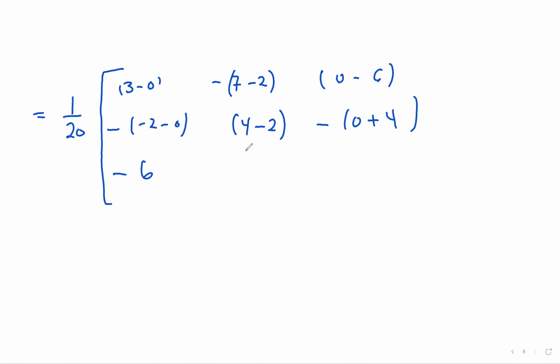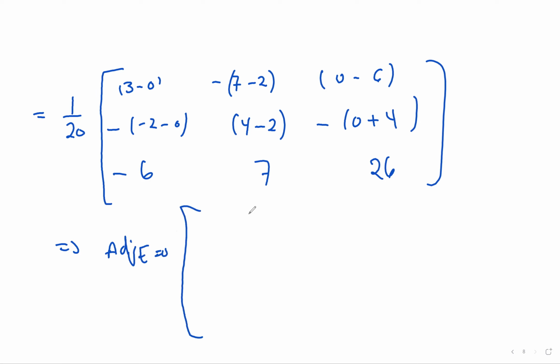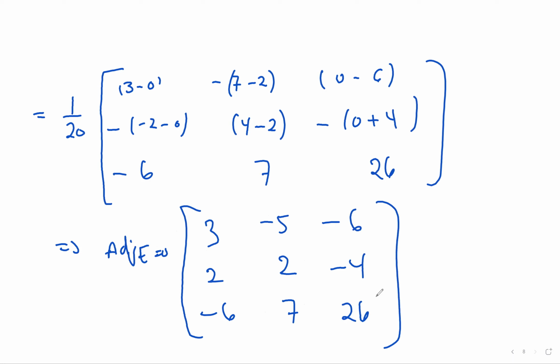It's simple. And then the second one is 7, and then we have 26. So when we do further, the adjugate of E is equal to 3, minus 5, minus 6, 2, 2 minus 4 minus 6, 7, 26.